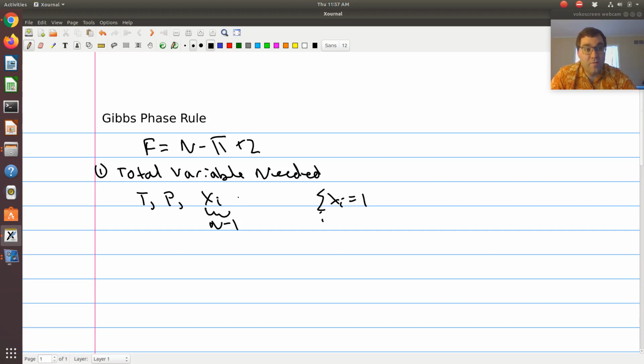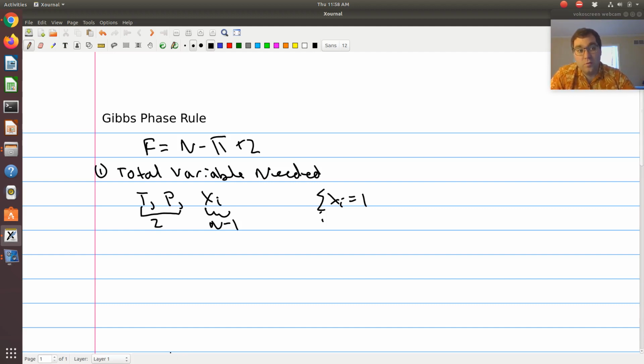So for a given phase, I need to specify temperature, pressure, and n minus 1 mole fraction compositions. Now if I have pi phases all in coexistence with each other, I know that the temperature and pressure of those phases are going to be the same. So these two variables will be the same two variables I need in each of my phases. And then in each phase, I'll need to specify n minus 1 mole fractions.